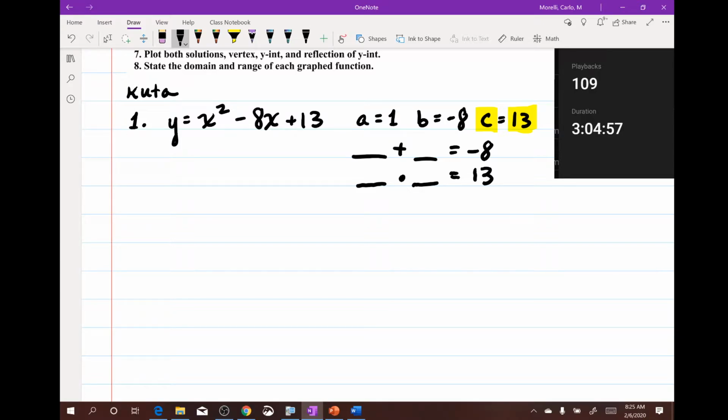Do you see a problem? That's right. 13 is prime. There are no factors that will add to -8, regardless of the signs that they have. Do we agree? Okay, so when you exhaust this technique, what would be your next technique?